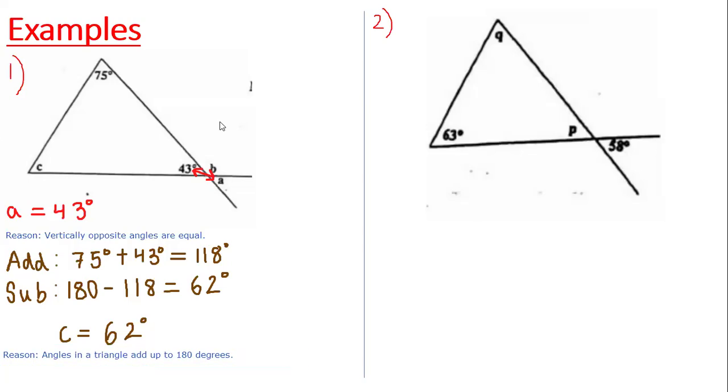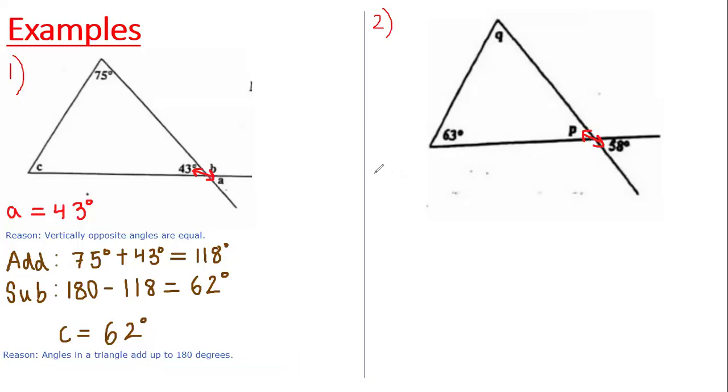This one is very similar, if not the same thing. Very identical. So what is P gonna be equal to? P is equal to what? 58. 58, very good.